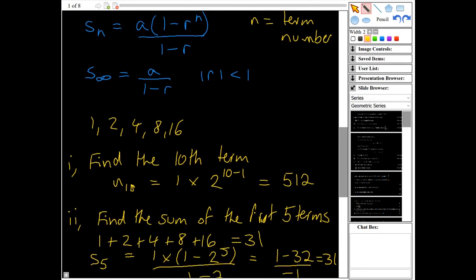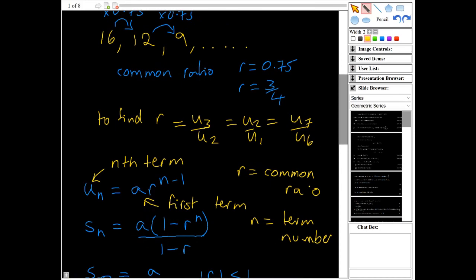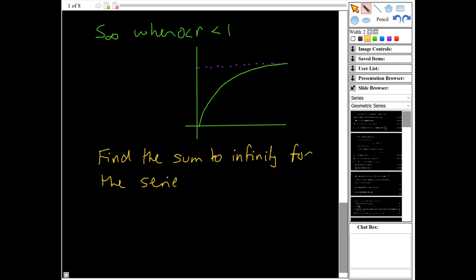So if we want to work out our sum to infinity for our equation here, let me just write it out again. So we're going to find the sum to infinity for the series 12, 16, 12, 9, and so on.